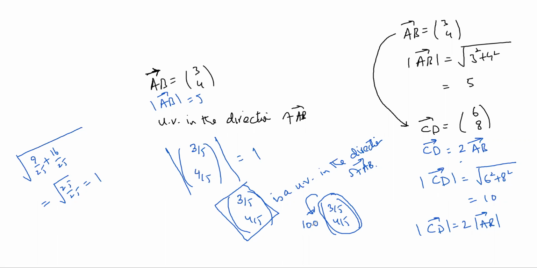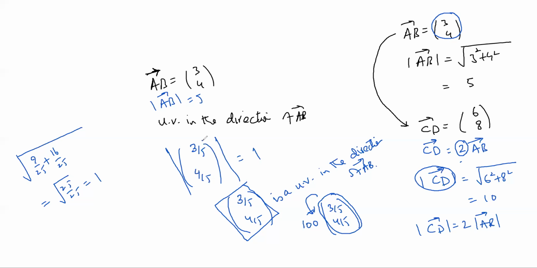Sir, can you explain this again? Look at this. If this vector had a magnitude 5, you multiply it by 2, the resulting vector will have a magnitude 10. Is that so? Yes, sir. Okay.